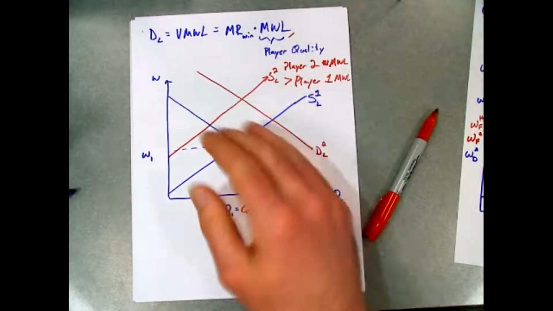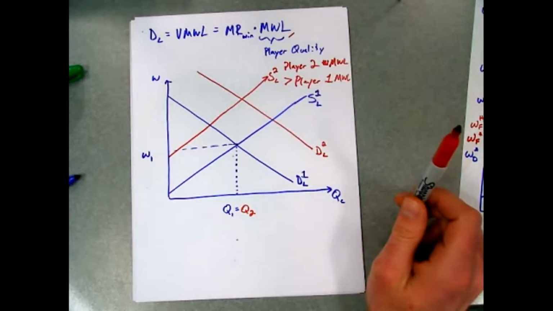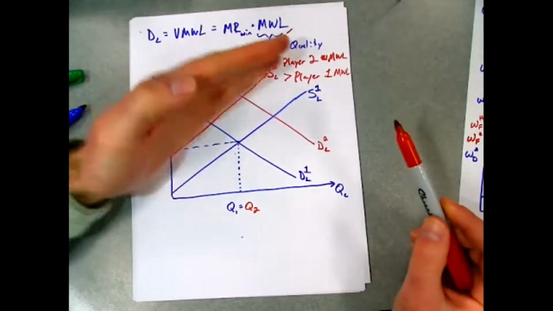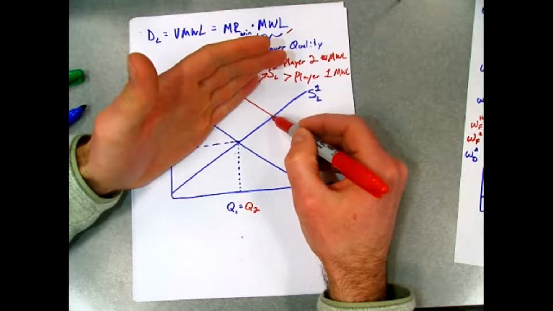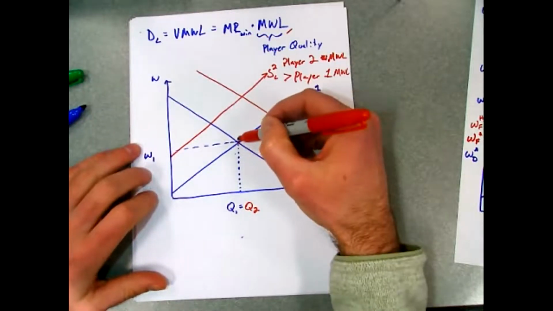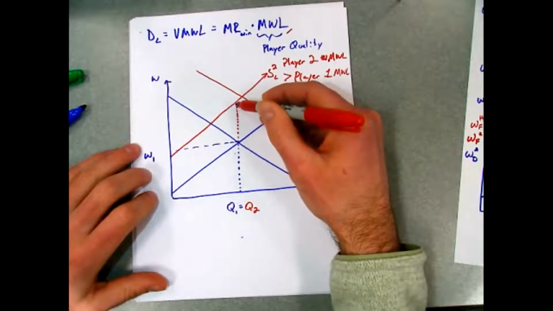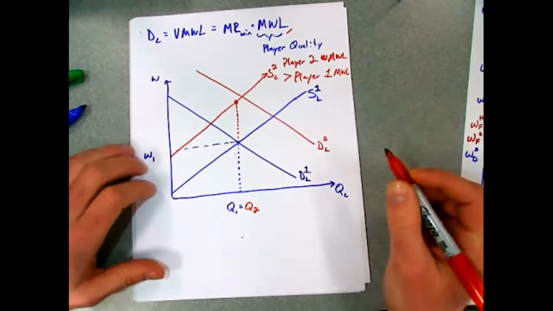There's no discrimination, and they don't have the higher quality. But for player two, without the discrimination, I'd be willing to pay them a much higher wage. However, with discrimination, if I want the same quantity of labor from them, I know that, and I didn't draw this completely perfect, but this is okay.